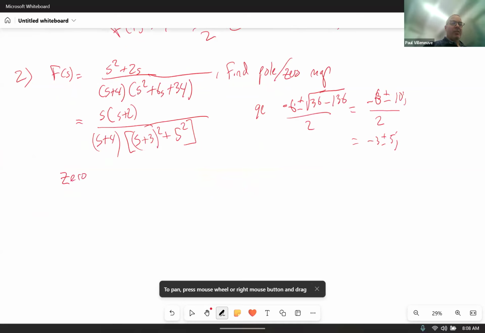So the zeros are the roots of the numerator, 0 and minus 2. And the poles are minus 4, and then I've got complex conjugates here, negative 3 plus 5j and negative 3 minus 5j.